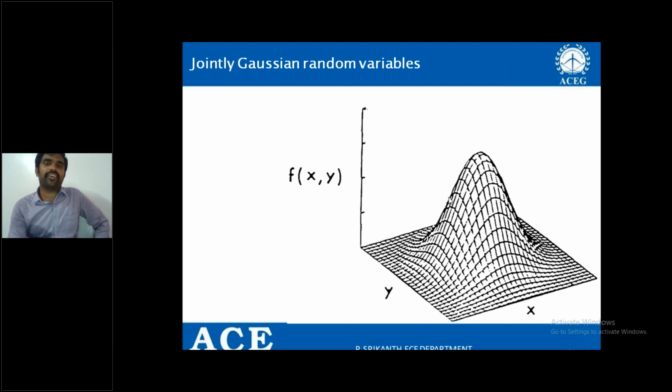You can call this function the joint Gaussian density function, or also the bivariate Gaussian density. Bi means two, as we have two random variables here. So it is the graphical way.